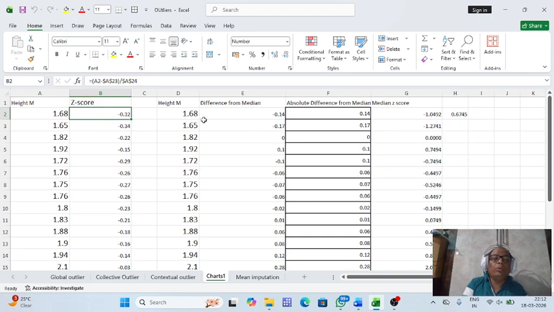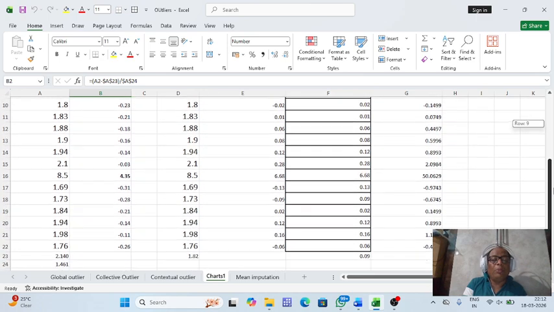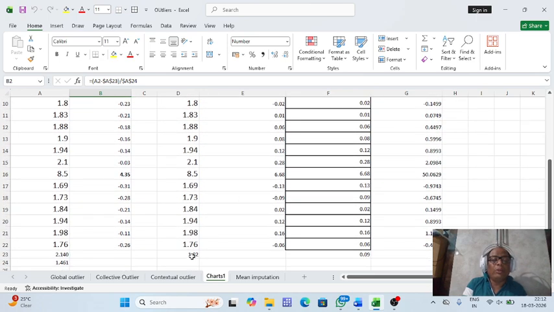The height is 1.68, and I have copied it up to 1.76. Then you have to calculate the median, so you put the formula median of D2 to D22. The same data has been taken here for the modified z-score value.